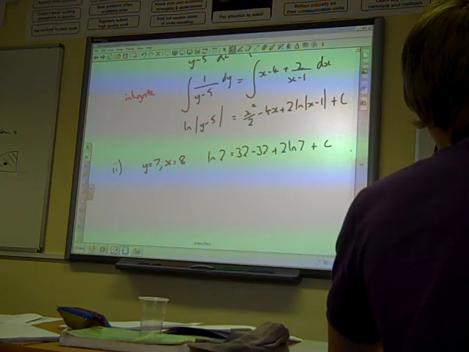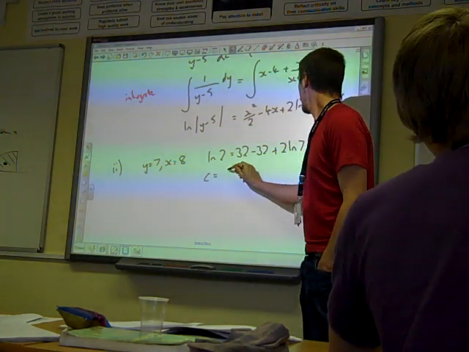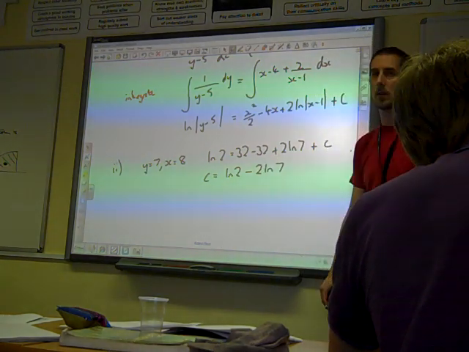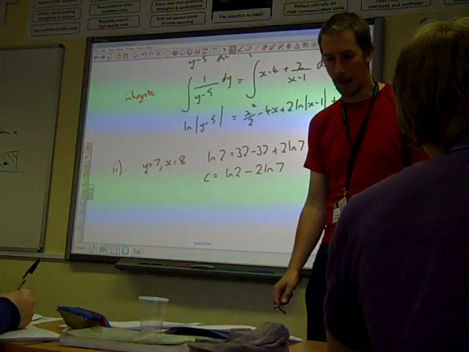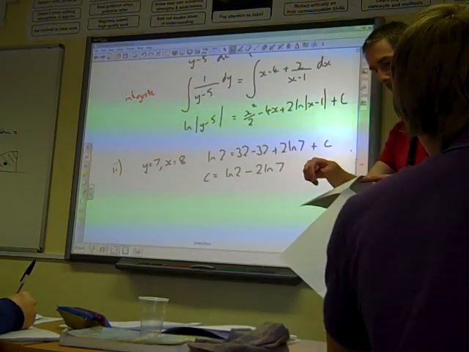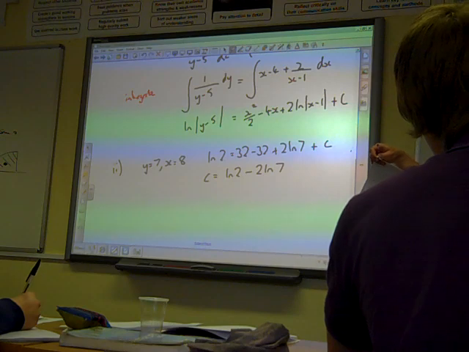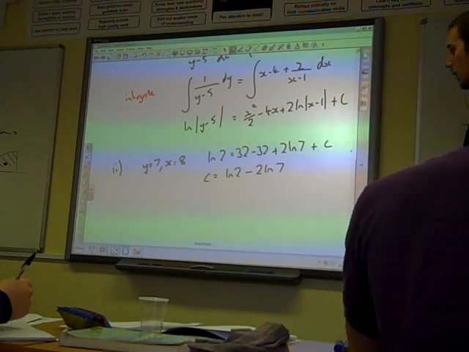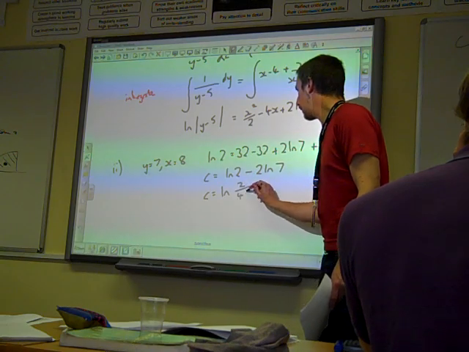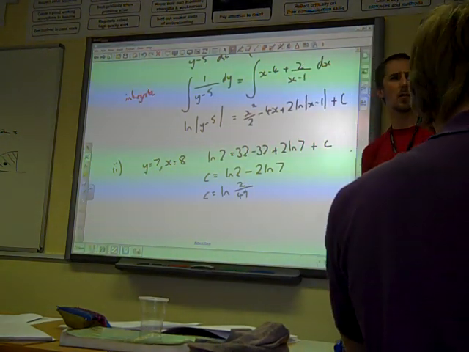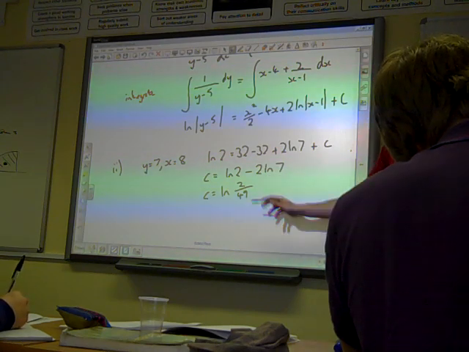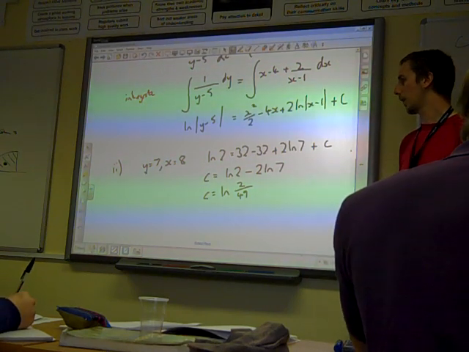We've got c equals ln 2 minus 2 ln 7. And so we've got c equals ln, can I write it as 2 over 49? Is that right? We've got 2 ln 7, so it's 7 squared, and we're subtracting that.